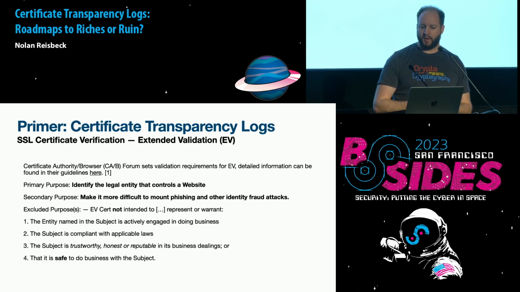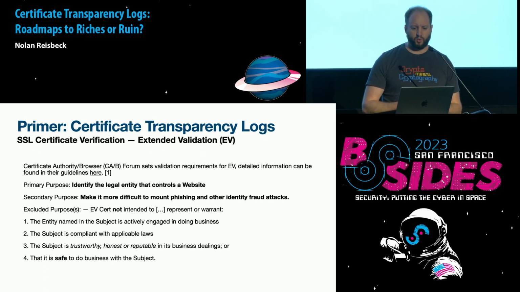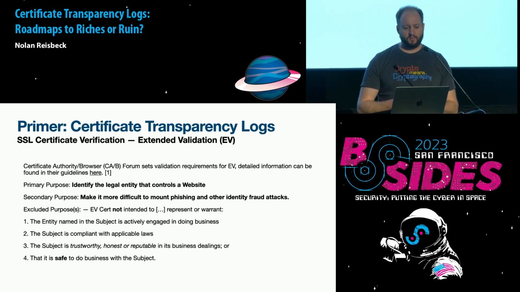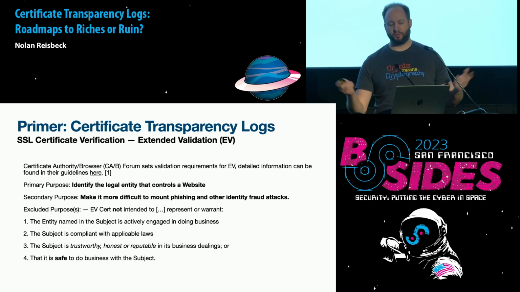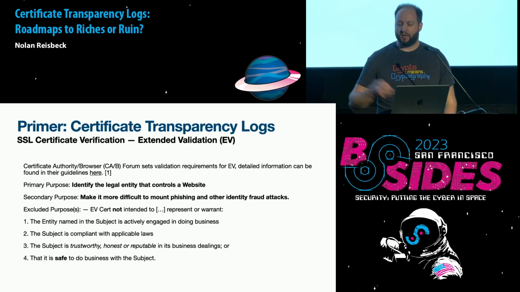Or furthermore, I put this as 3, but it's also kind of important to talk about. By getting an EV certificate, the CAB and the CA is not actually attesting to your trustworthiness or honesty as a business entity. They just want their money, and they're going to issue you the certificate. They've done a little bit more checking into who you are, and it's also not safe to assume that you can do business with this company presenting the certificate.